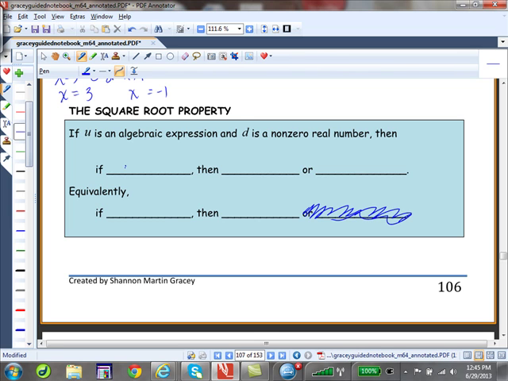If u squared is equal to d, so u is some algebraic expression and d is a non-zero real number, then you get two possible results. u can be the square root of d, or u can be negative root d. So similarly, you can say if u squared equals d, then u is equal to plus or minus the square root of d.